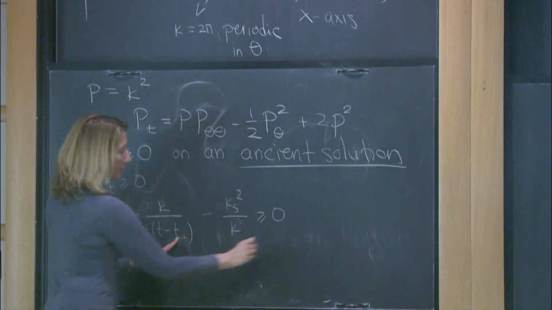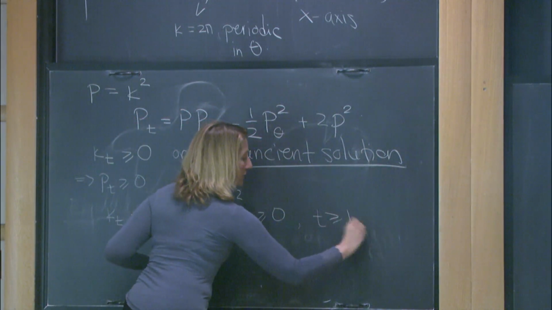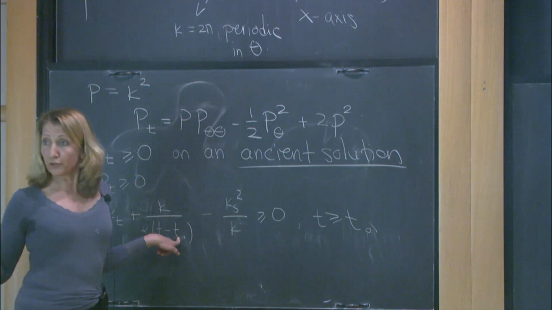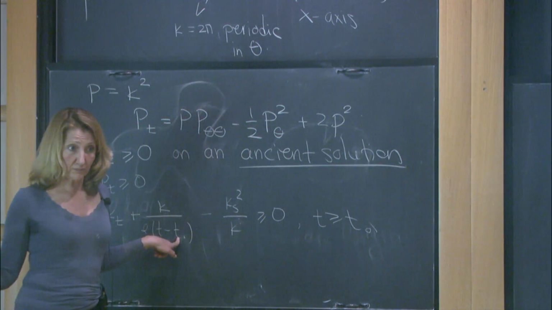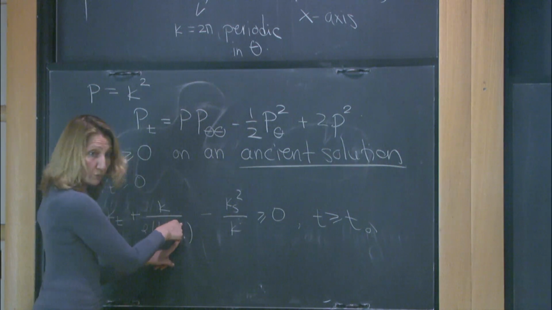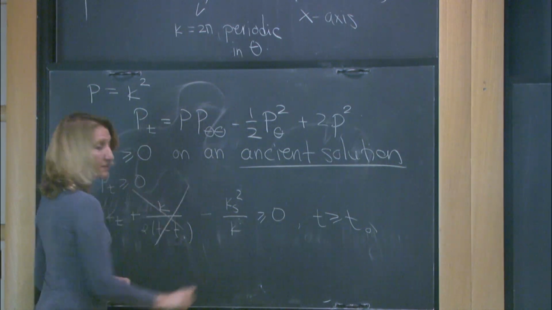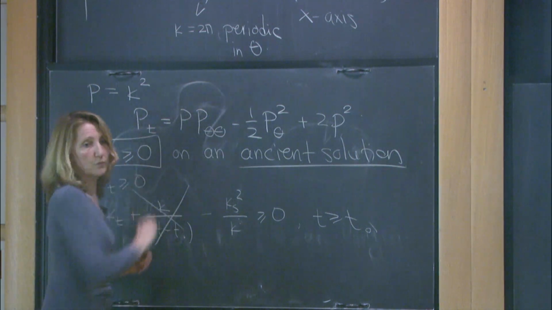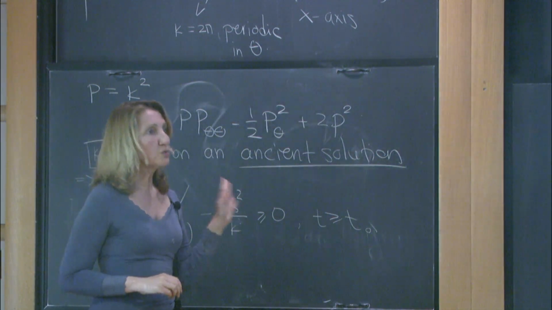And this happens for all t bigger than or equal to t naught. But on an ancient solution, t naught can be as negative as I want. All right? So I can let t naught, which is my initial time, go to minus infinity, and this disappears. And that eventually gives you this, which is independent of t naught. Okay. So this we will be using.